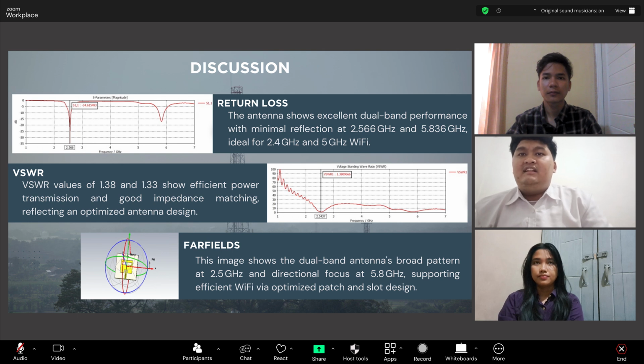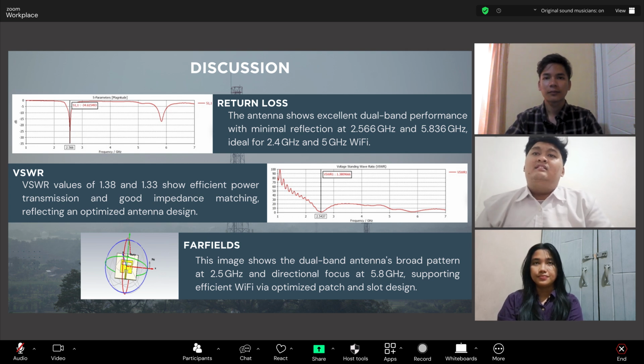These values indicate excellent impedance matching and minimal signal reflections. This confirms that the antenna is effective for dual-band Wi-Fi operation at 2.4 and 5 GHz frequencies.